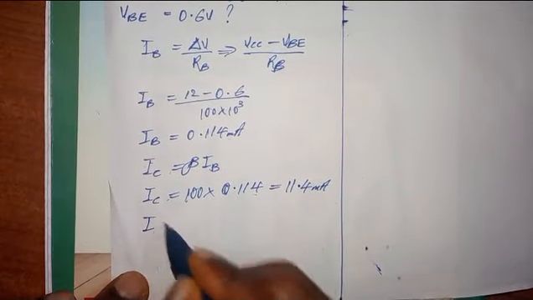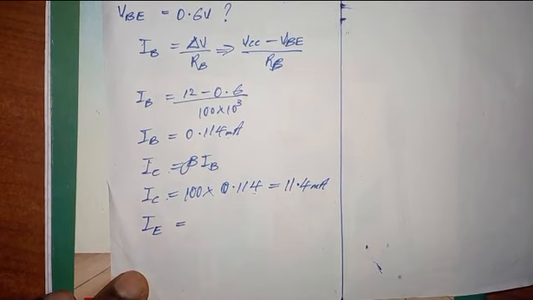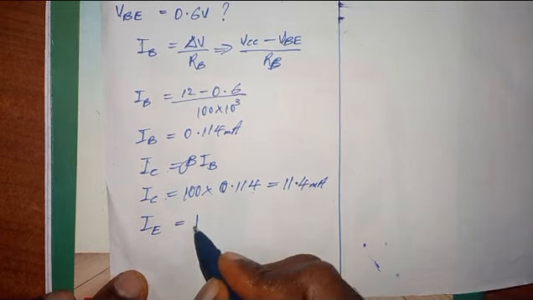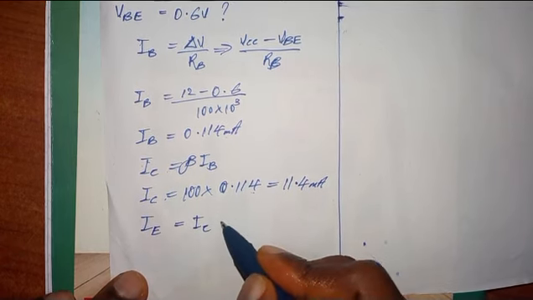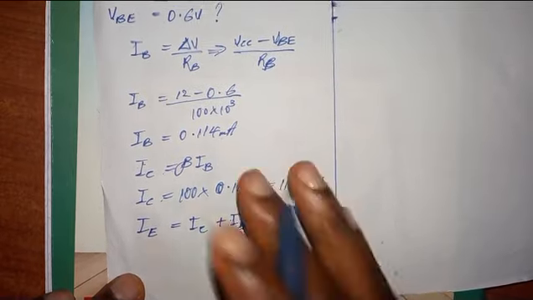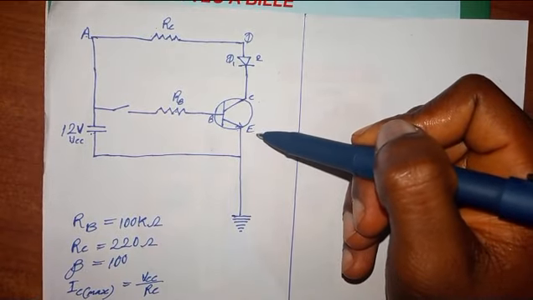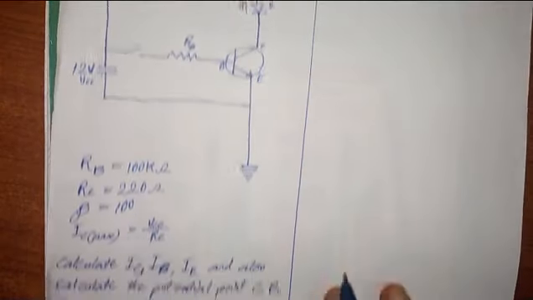So the current flowing through point E, which is IE, is equal to IC plus IB.